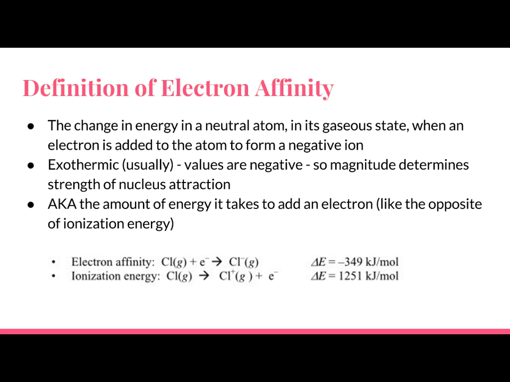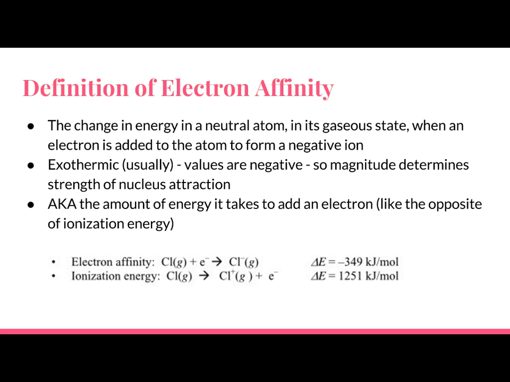Okay, so the definition of electron affinity: it's the change in the energy of a neutral atom in its gaseous state when an electron is added to the atom to form a negative ion. So it's talking about a neutral atom and the amount of energy it takes to add an electron to that atom.